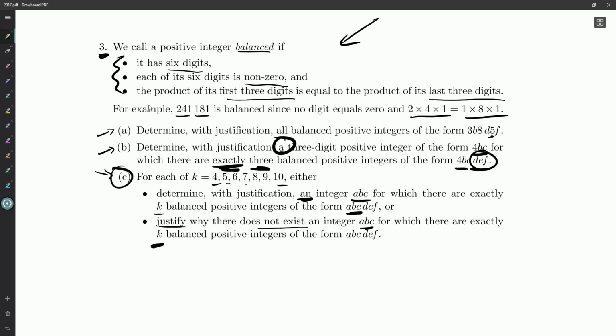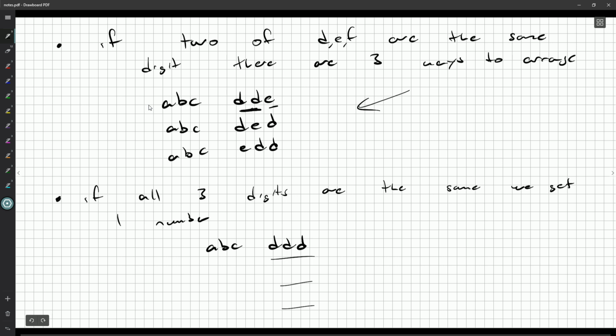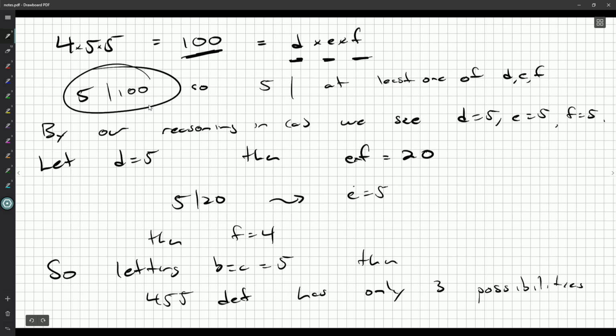So we just talked about sort of how to get exactly 3. And in fact, in the process, we also talked about back here how to get 1. If ABC has a product gives you a cube, you've got this one possibility waiting for you. Or if ABC can be written as a product of 3 different single digits, then you can get 6 of them. So that's kind of interesting.